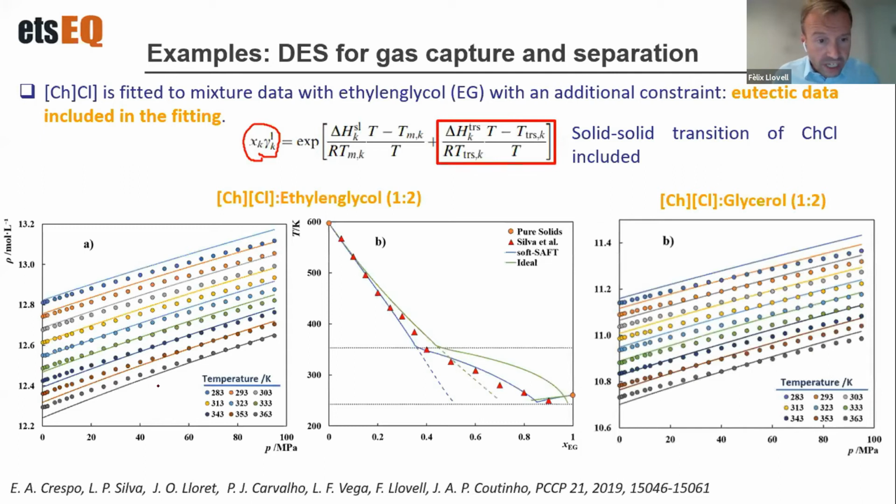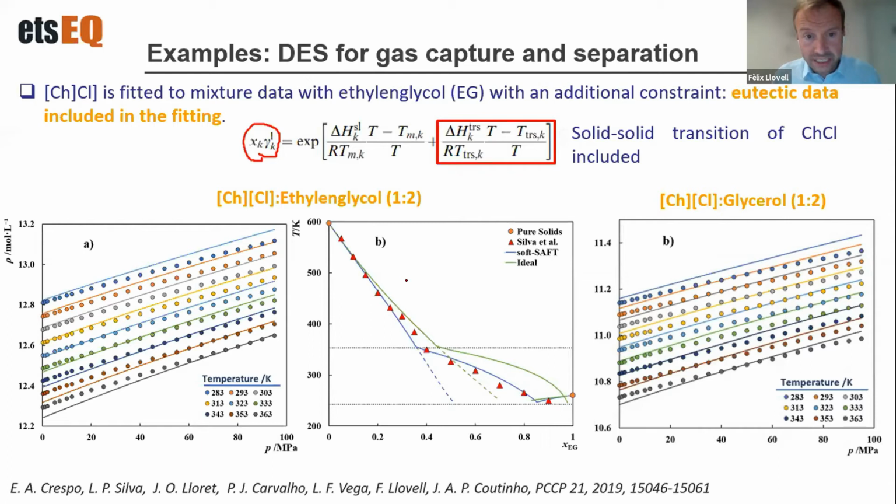As a result, we can see here the pressure-density diagram at many different temperatures, and the description of the SAFT model is very good, going from very low atmospheric pressures to extremely high pressures. And we can also see how the blue line, which represents the SAFT calculation including the solid-solid transition line, is well fitted to the eutectic data.